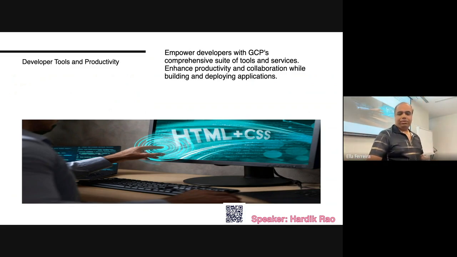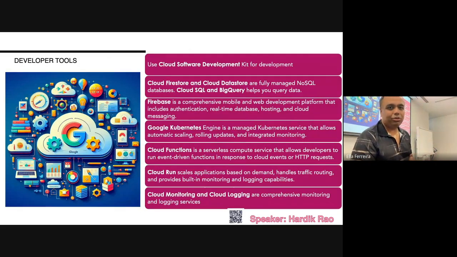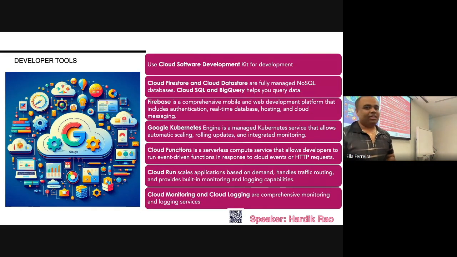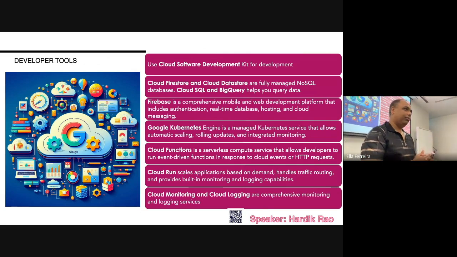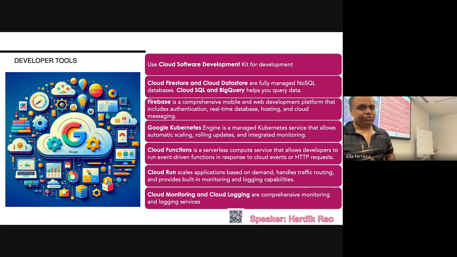So what does that mean? We provide Google Software Development Kit. There is a cloud software development kit. There is Cloud Firestore and a cloud database for fully managed NoSQL. There is Cloud SQL and BigQuery for large-scale ease of use.